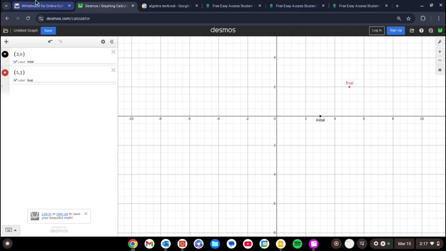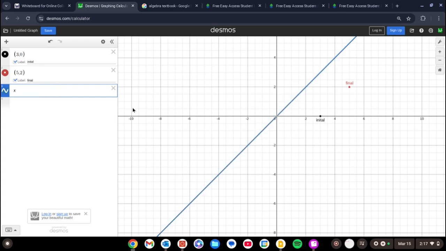So let's type this in. If you notice, we have an x-intercept at 3, which tells us that the graph itself is moved over by 3 units.